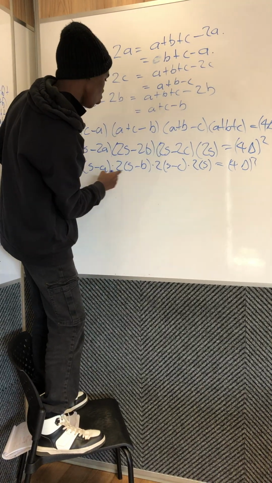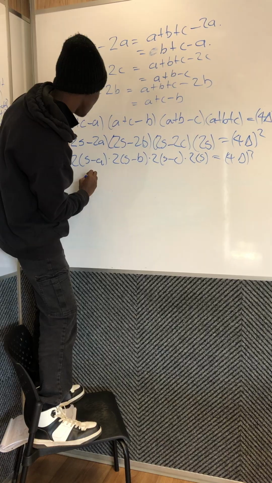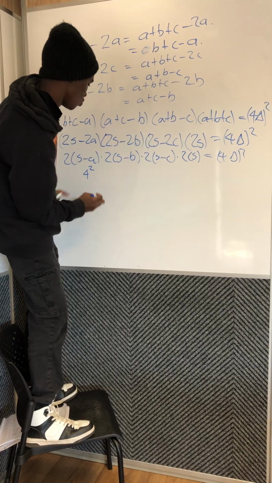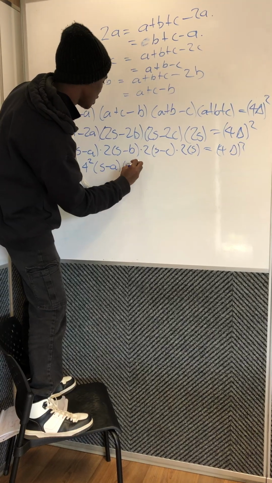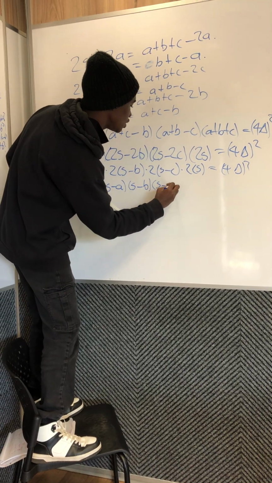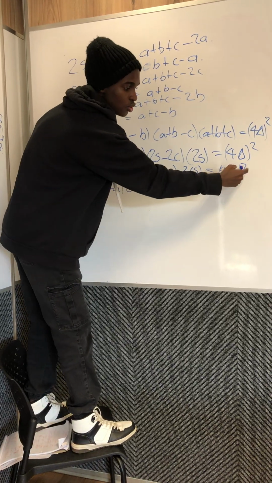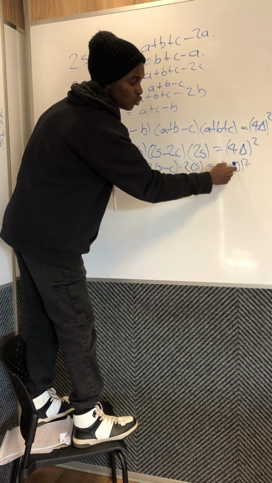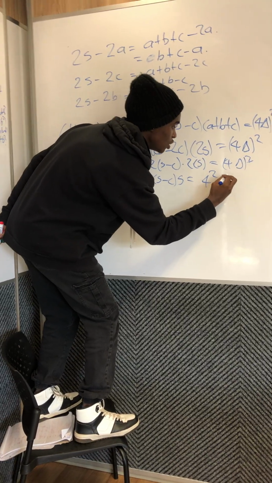And 2 four times is 2 to the power of 4, so it's the same as 4 squared times S minus a, S minus b, S minus c, and S, equal to 4 squared delta squared.